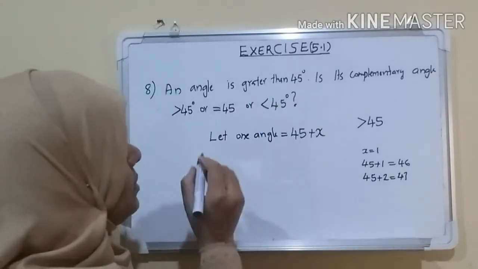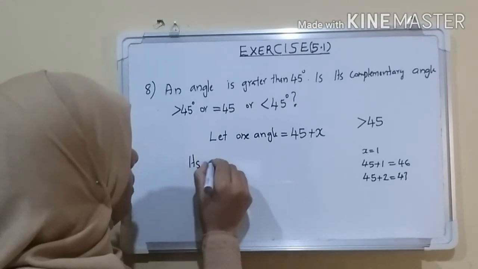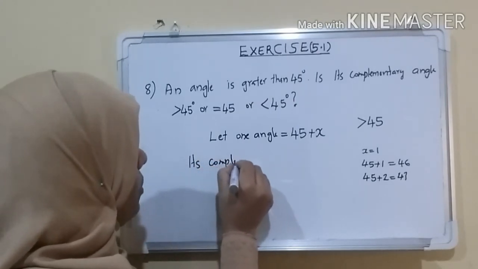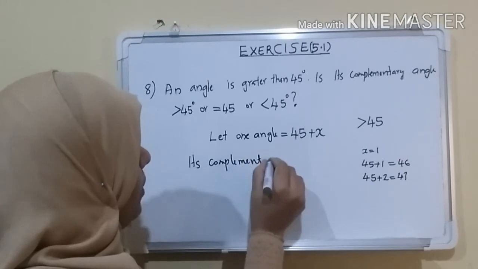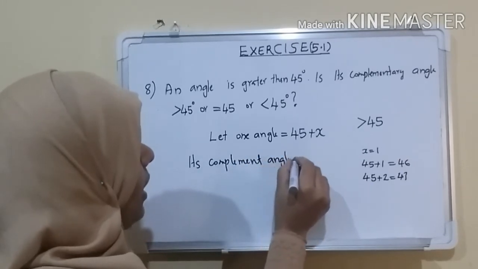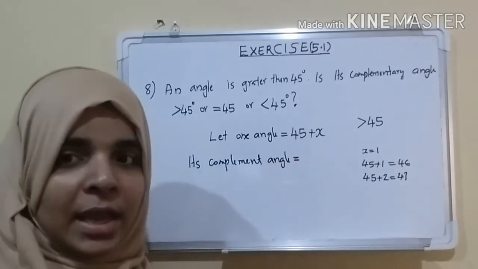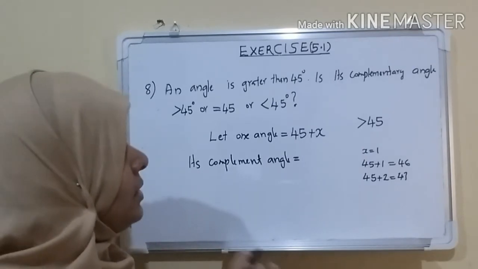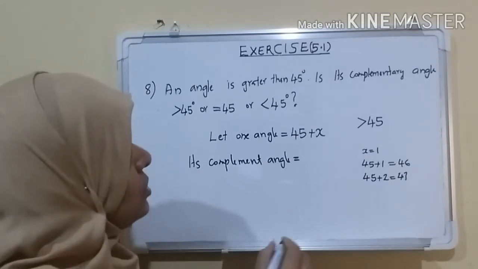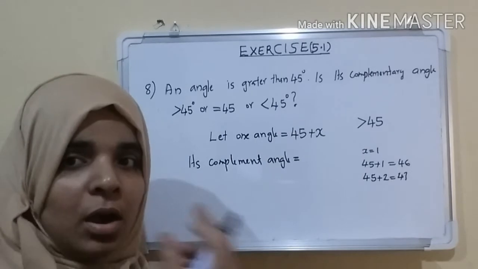So its complementary angle, how to find it? We know that the sum of two complementary angles is equal to 90 degrees. So if one angle is given, how to find the other?